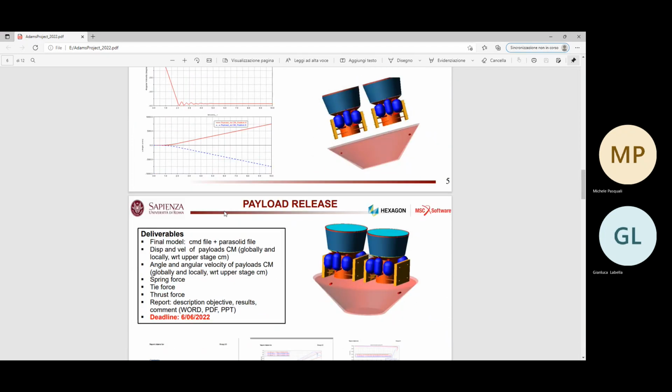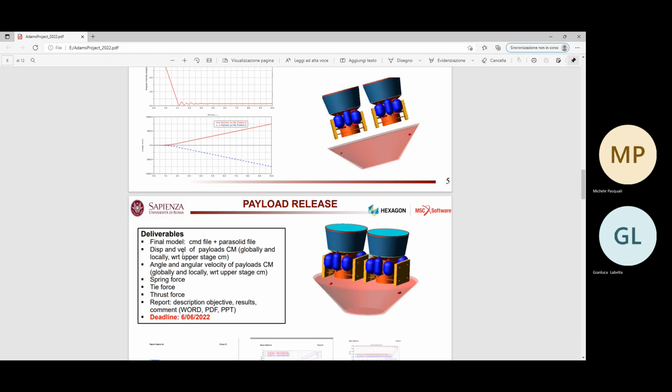The deliverables that you will be required to deliver: the final model will be the CMD file. So I don't want the simulation. I want the command file and the text file, plus the parasolid file. Okay.